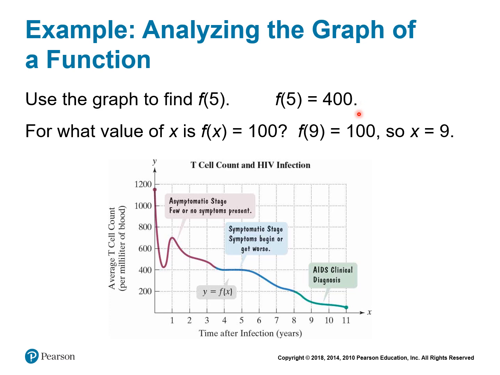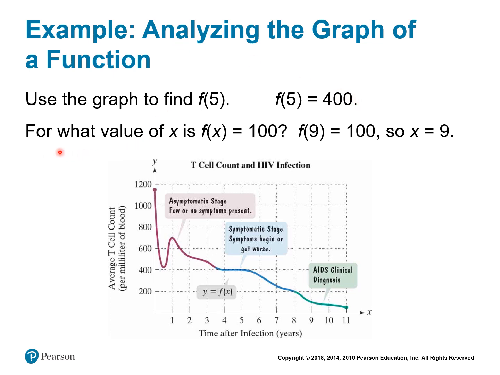We have to read the graph and figure out what y is. So we go up vertically along 5 until we touch the graph, then horizontally to the left until we touch the y-axis, and the value is 400.